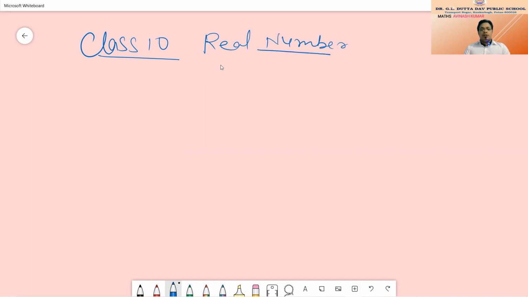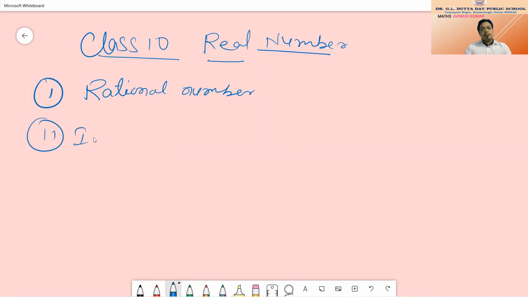Before getting the concept of real numbers, students, we should know about two types of numbers. First is rational number, and second is irrational number. Fine.